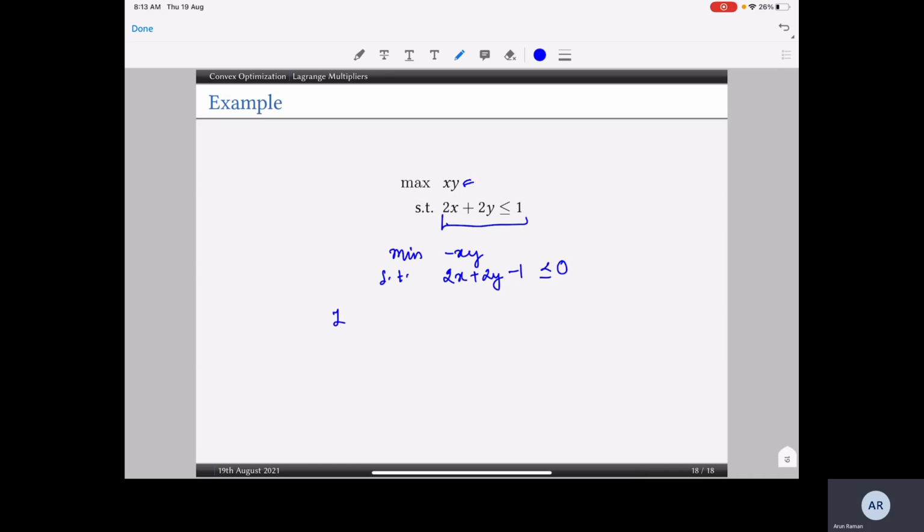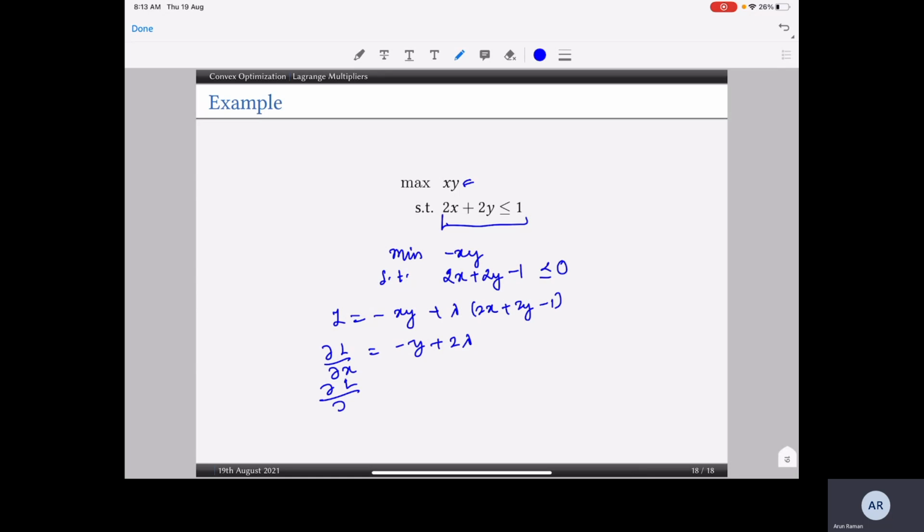Then our Lagrangian for this case will be minus xy plus lambda times (2x plus 2y minus 1). If we take dou L by dou x, we get minus y plus 2 lambda.